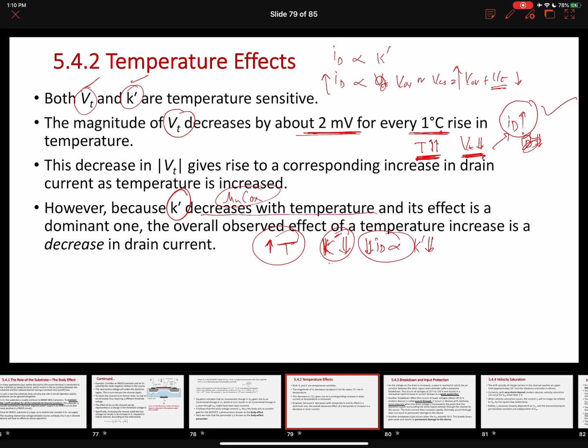So overall, when the temperature increases, the drain current will decrease. Although our drain current is increasing due to the decreasing threshold value, the K dash parameter is more dominant.